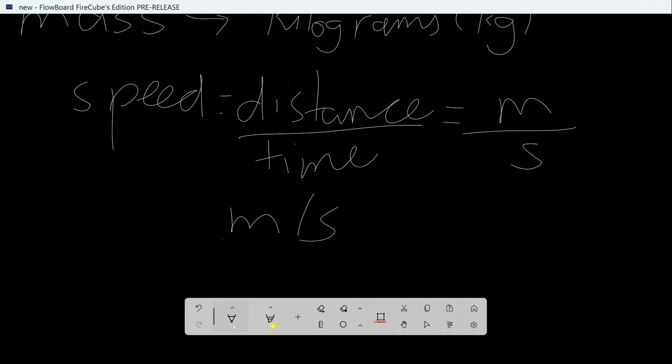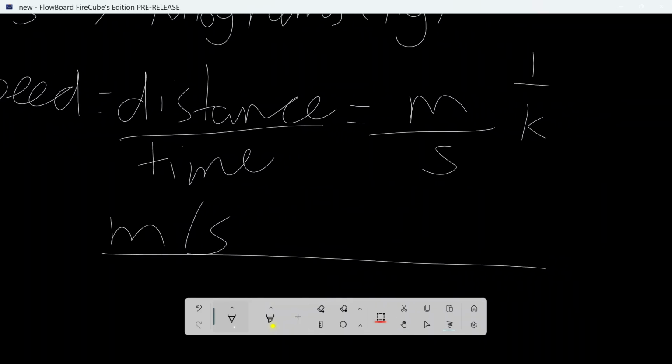Meters per second. Often in mechanics, we're going to use the indices rules. Well, if you know what 1 over k is in indices, they simplify things. We can convert that to k to the power negative 1. That's the same thing as 1 over k. Or k to the power negative 2 is the same thing as 1 over k squared.